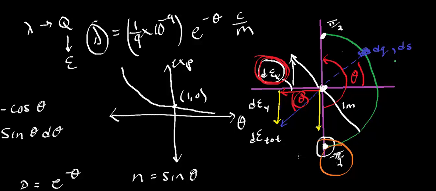So the electric field vectors produced at the origin are going to be highest radiating from negative pi over 2, and they're going to decrease as you go towards pi over 2. They're not going to decay to 0, because e to the negative pi over 2 is not 0.